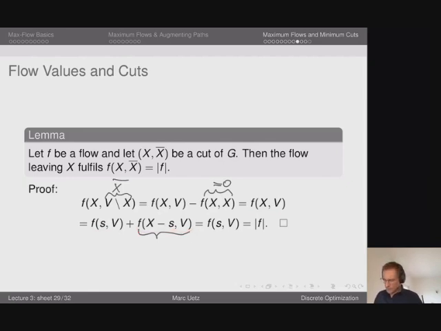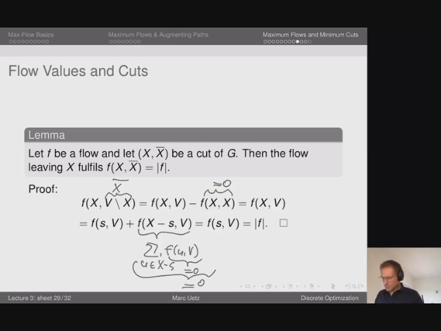Now, what do we have here? That's the flow from X minus S to V. That's a subset of the nodes that does not contain the source and also does not contain the target node, because the target node is contained in the complement of X. And therefore, if I write it down explicitly, that goes over all the nodes in X minus S, and that would be the flow from U to V. But we know that flow conservation must be fulfilled for all these nodes U, because these are all intermediate nodes, and hence this is equal to 0, and therefore the whole thing is equal to 0.